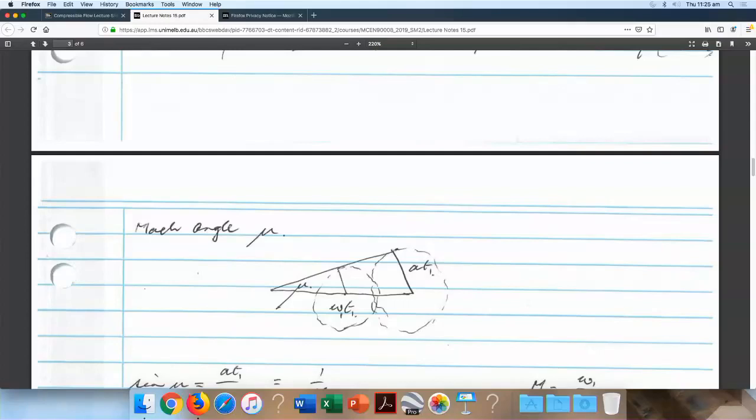So this is a quiet region out here, and it's not here. And so the Mach angle is a kind of angle of influence. And that's an important idea. You can see that it corresponds with a line, and it's a path, and it's why the method of characteristics works so well in supersonic flow. All right.